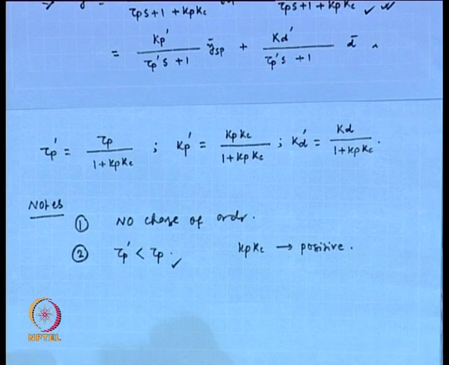So, what it indicates? Due to the inclusion of proportional action, the overall response becomes faster because time constant is decreased. So, this is the second conclusion. Fine.